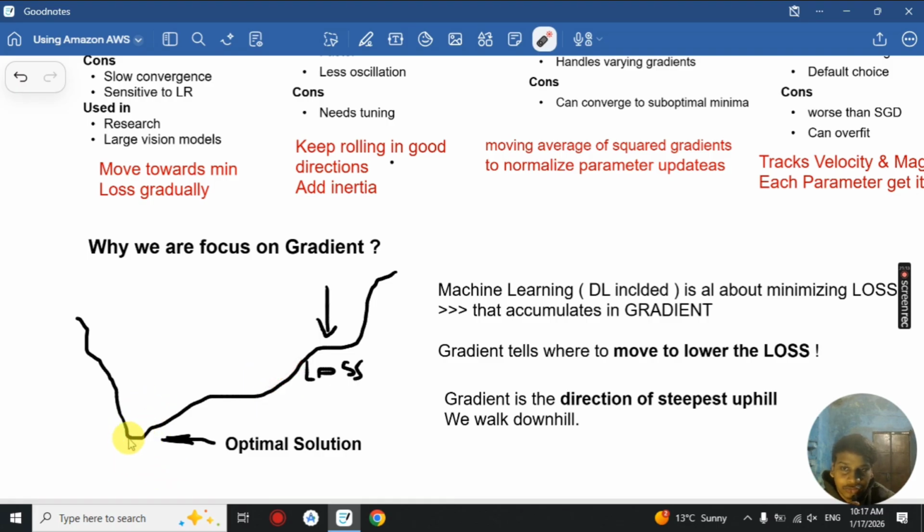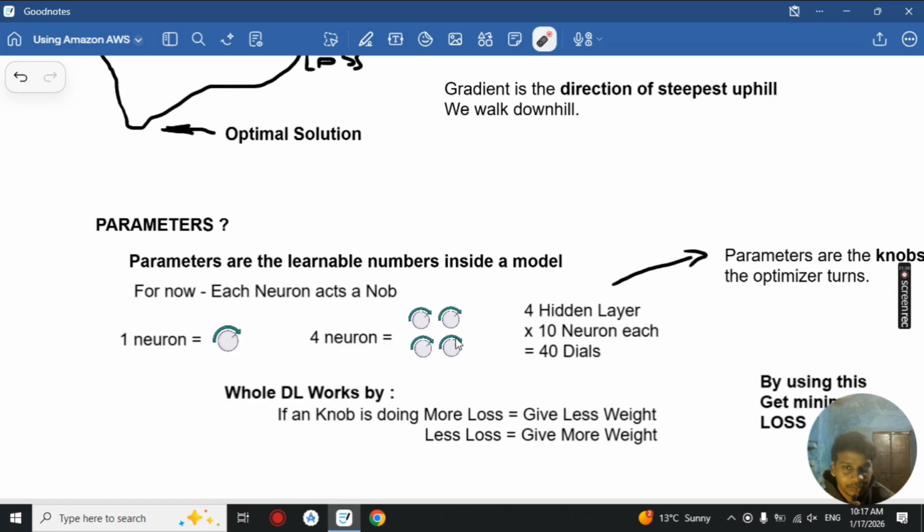Once we get the minima here, we could say that our deep learning model has the optimal solution and it is ready for deployment.